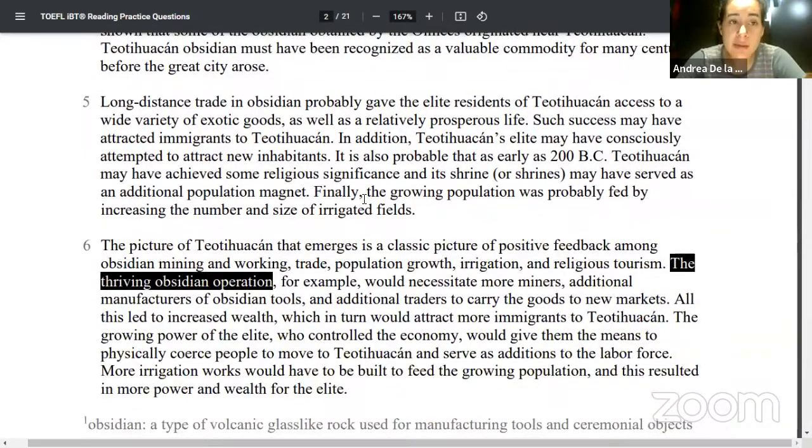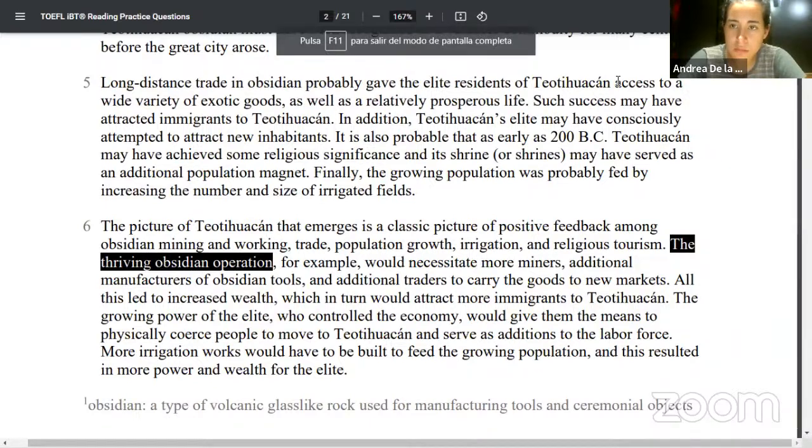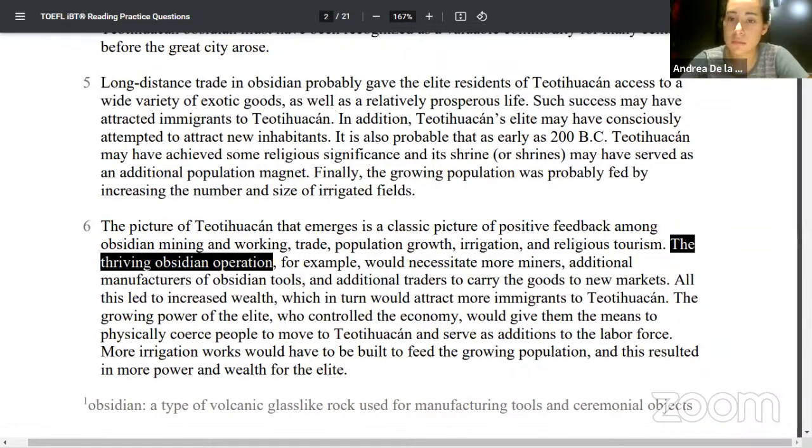Now, please take a moment to read the 5th and 6th paragraphs. Okay, guys, so what are those about?